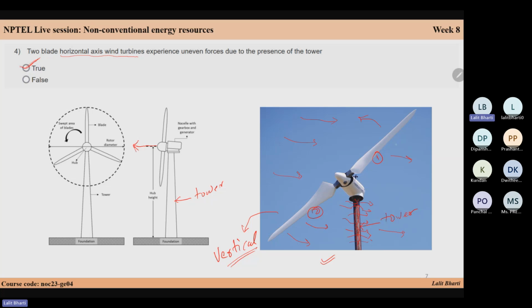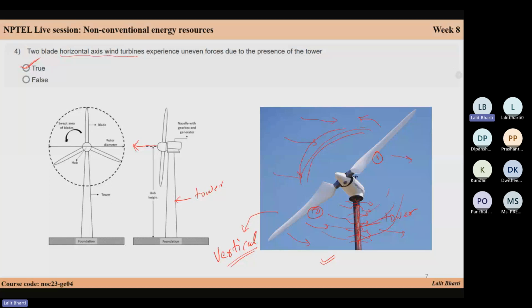Because we have enough remaining area, let's say this is your blade area, but we have enough remaining area which will produce a low pressure region. Due to that, your tower will interfere with the two blade design. That is why the two blade design is very rare in horizontal axis windmills.